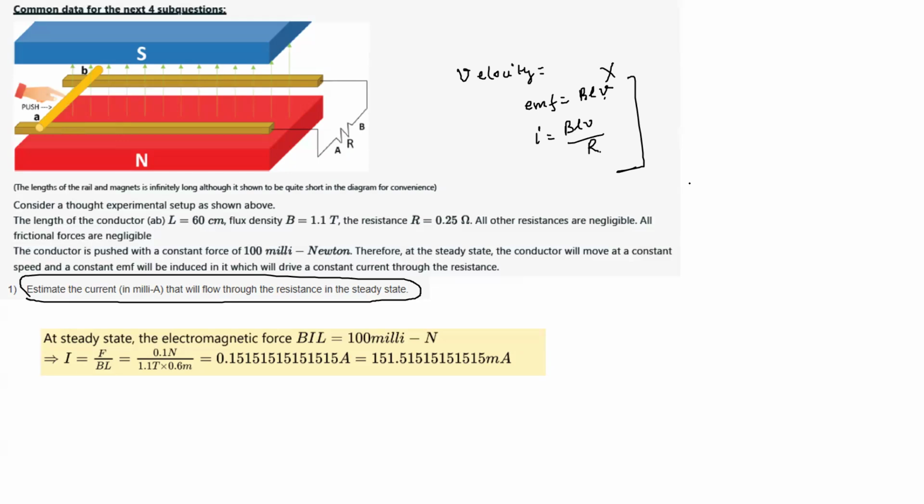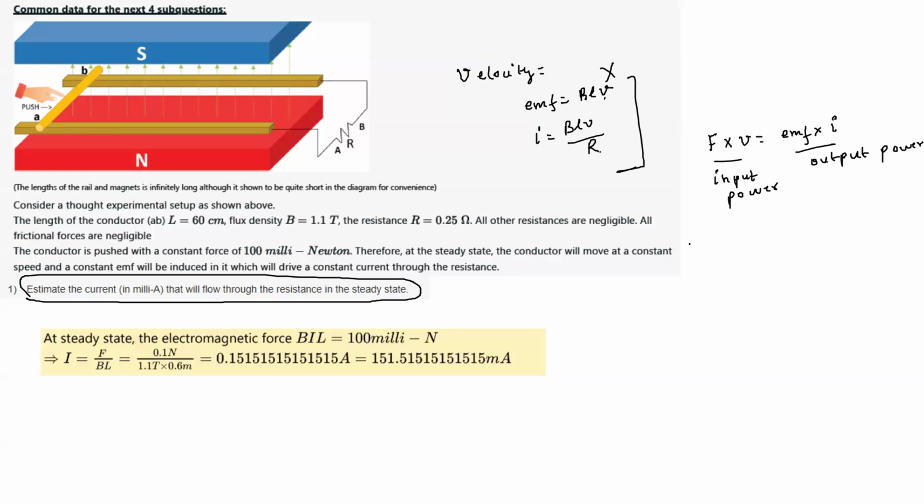It basically means that force into velocity equals EMF into I. So this is the input power and this is the output power. Okay, so it basically means what?